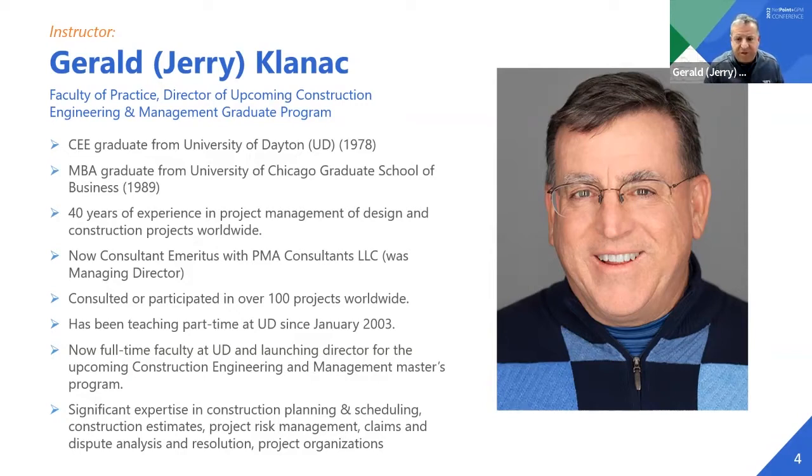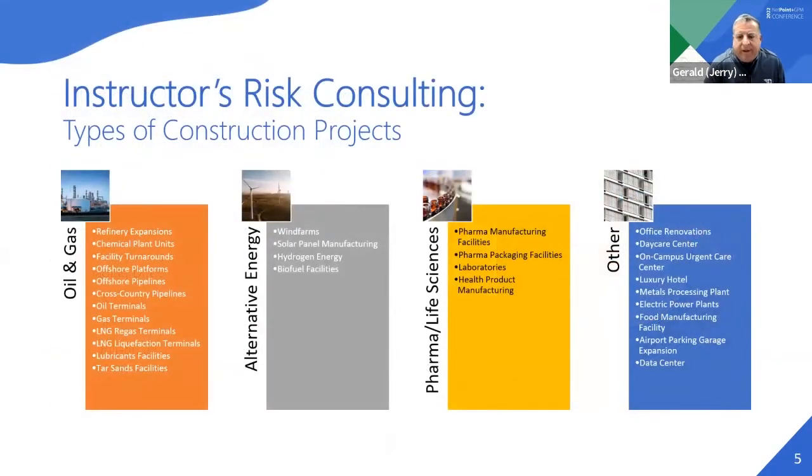From a standpoint of just background, the types of projects that I've been able over the years to be fortunate to be involved with to do schedule risk analysis is quite broad. A lot of focus in what I call process plant type projects in the oil and gas industry.